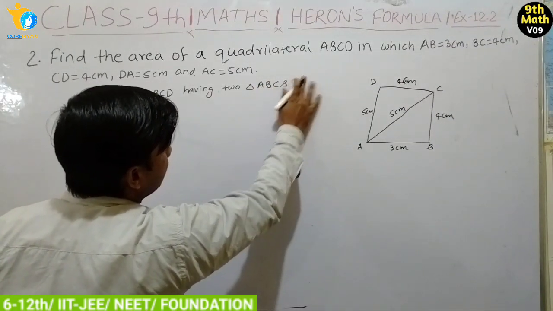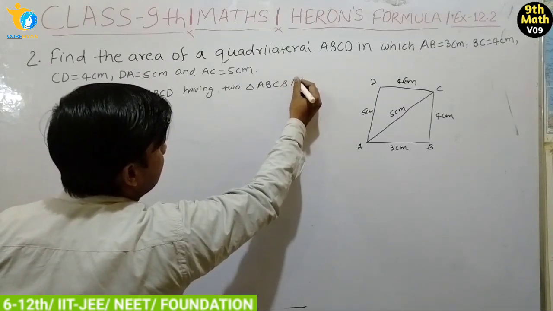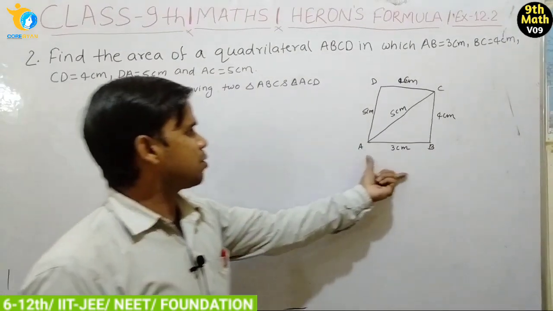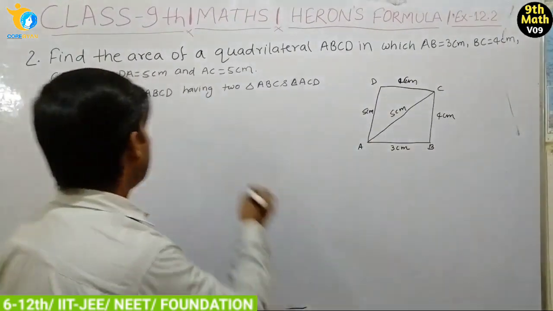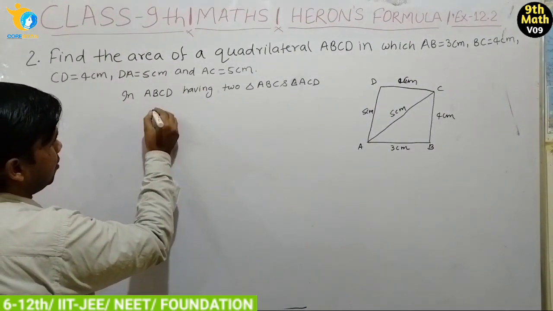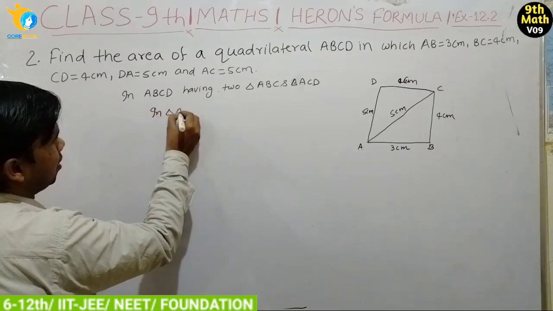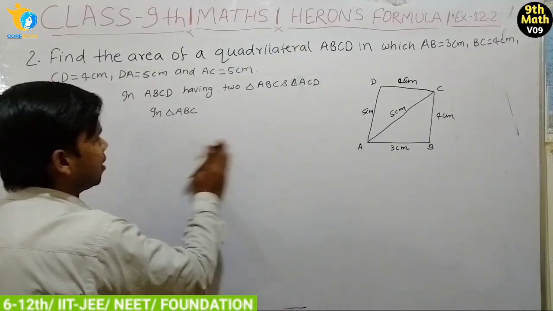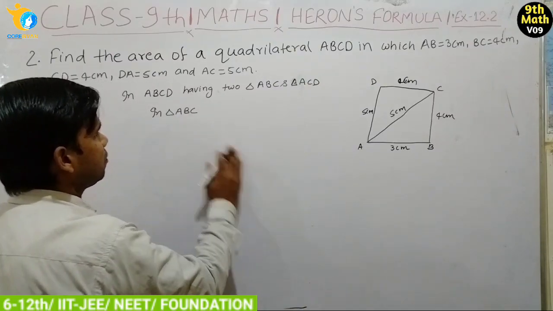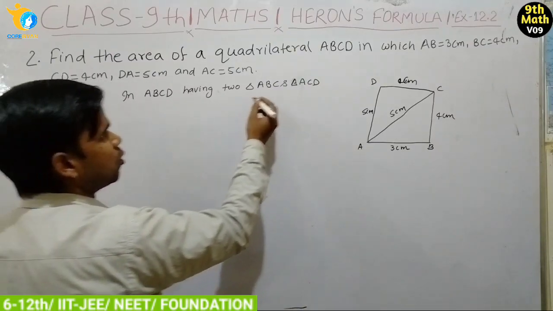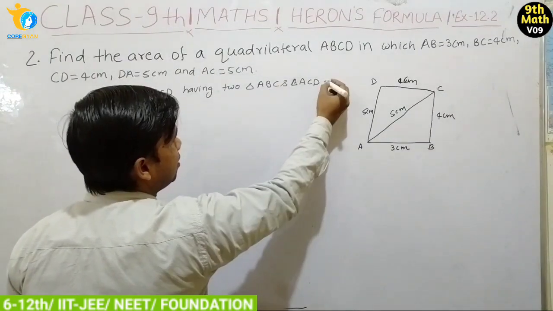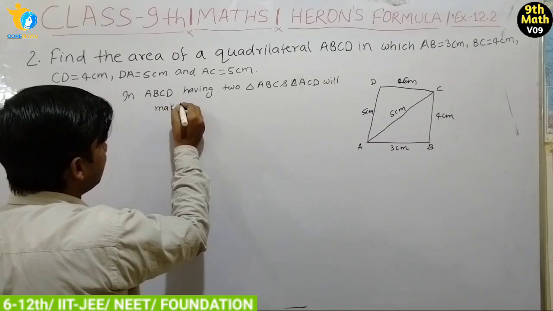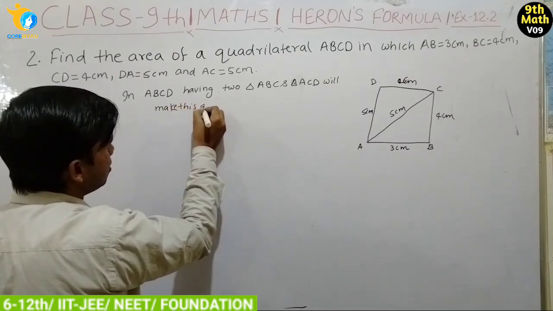These two triangles ABC and ACD will make the quadrilateral.